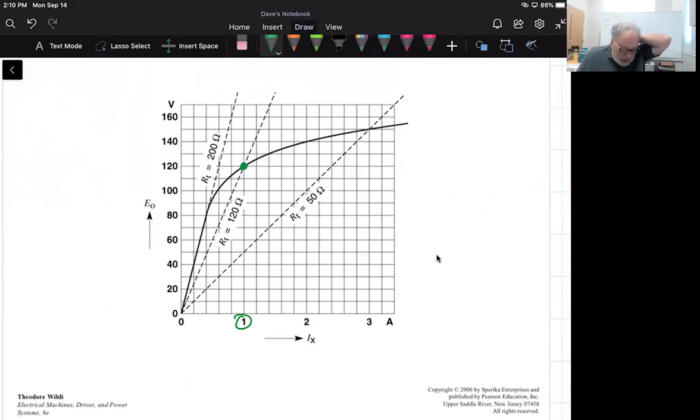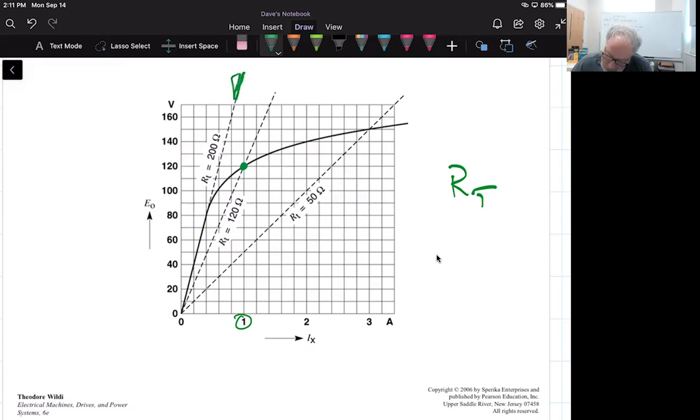So he says by changing the setting on the rheostat, the total resistance of the field increases, causing E sub O to decrease, because the excitation current is decreasing and the voltage is decreasing, and we see the resistive line cuts the saturation curve at 120 volts. If we continue to increase RT, at some point we're going to hit this place right here.